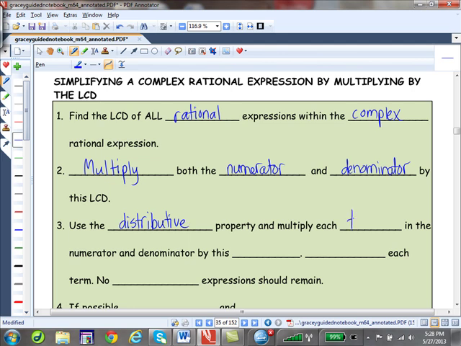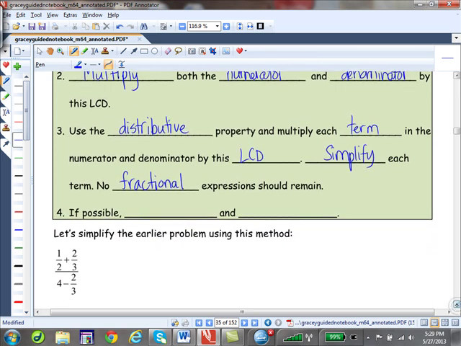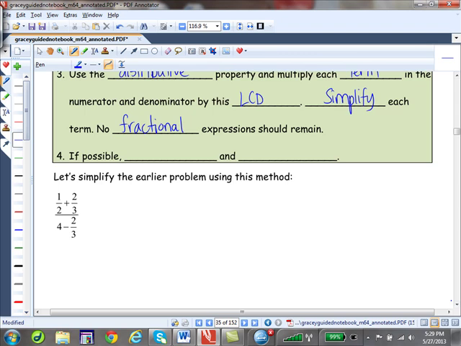And then you're going to multiply each term in the numerator and denominator by this LCD, and you simplify each term. If you did it right, no fractional expressions should remain. You should have a mostly simplified single rational expression as opposed to a complex rational expression. So if possible, factor and simplify.